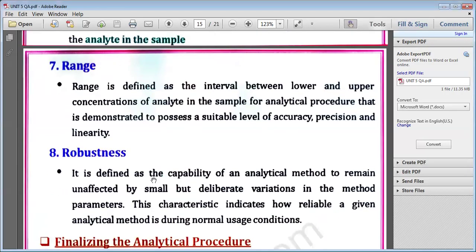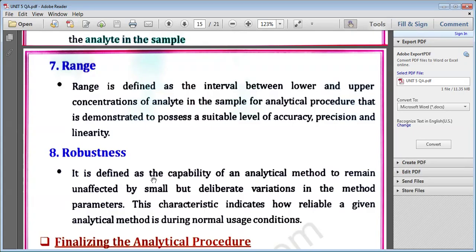Coming to the range, the range is defined as an interval between lower and upper concentrations of analyte in the sample for which the analytical procedure is demonstrated to possess a suitable level of accuracy, precision, and linearity.